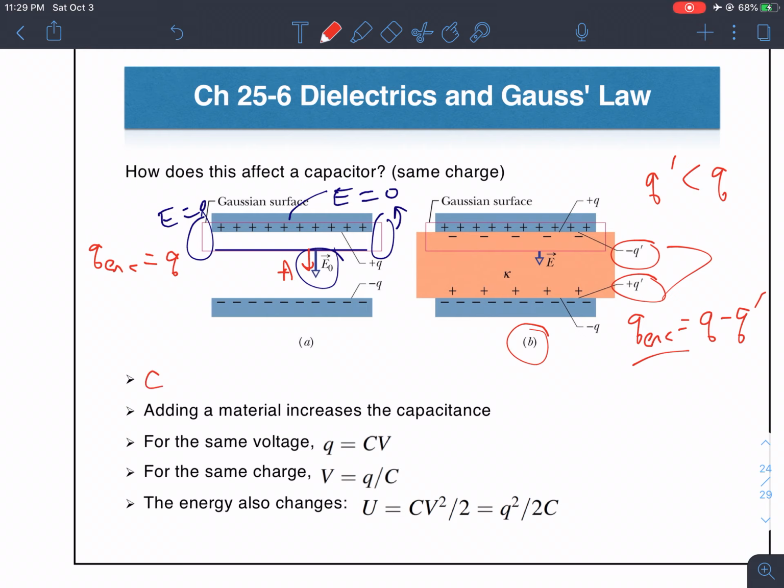So first of all, capacitance is what? Again, kappa is 1 for now, but let's just put kappa here: kappa epsilon naught A over D. For the first case, kappa is simply 1. Here it is not 1, because it's not air or vacuum. What we are seeing is that kappa and epsilon naught are together.